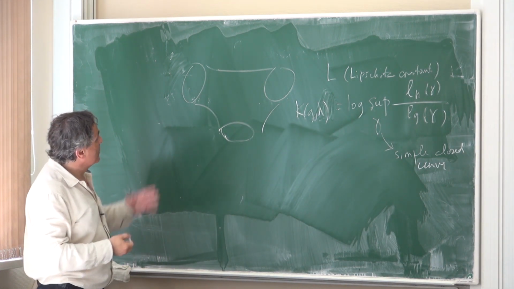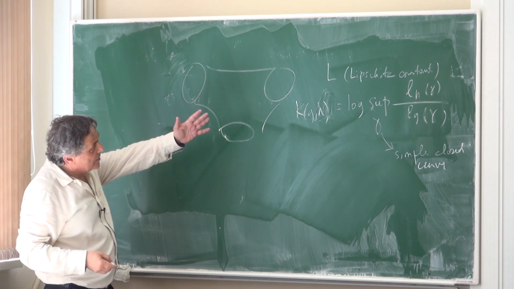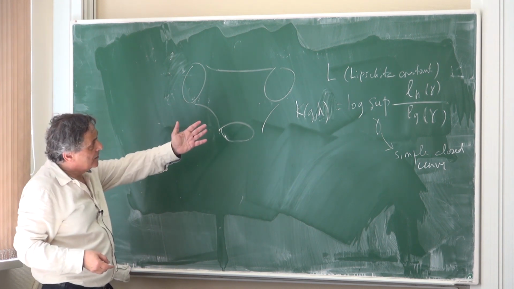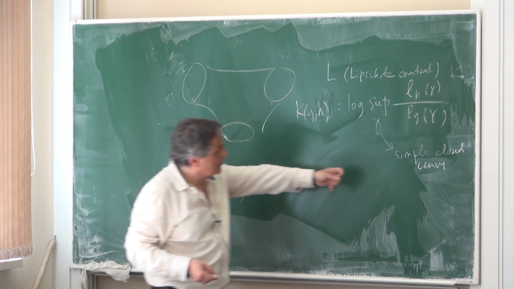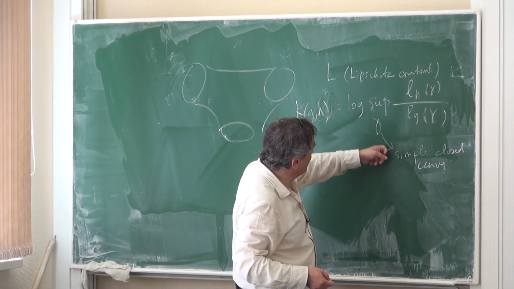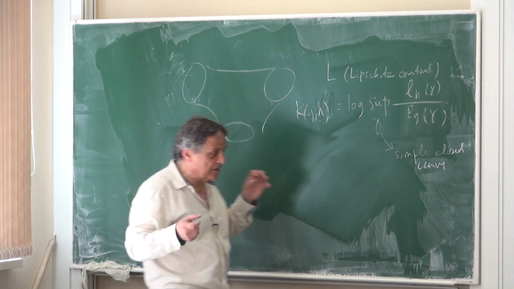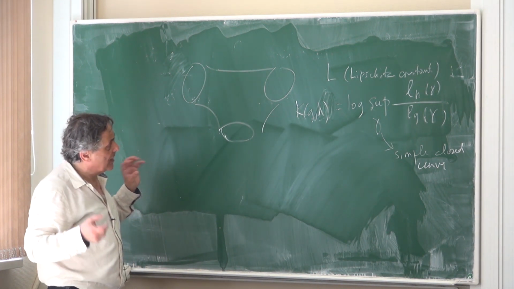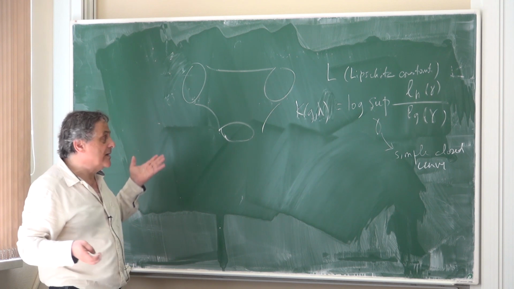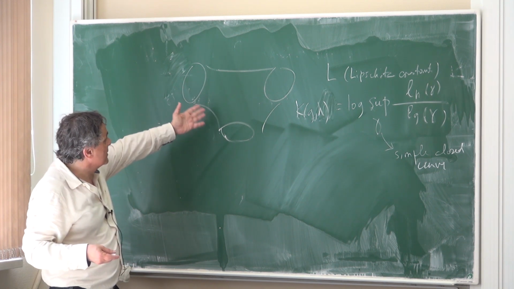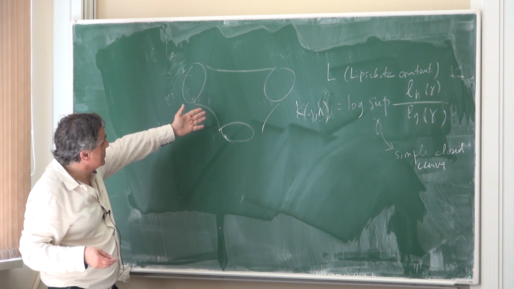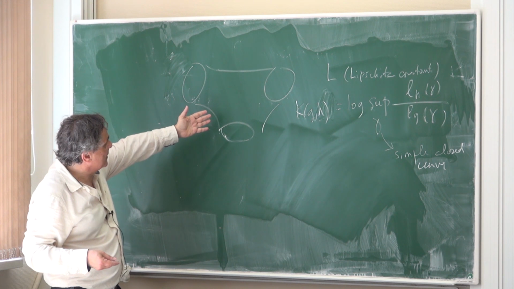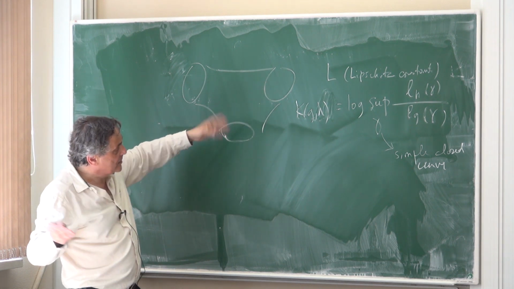Now, the question is whether to take gamma as simple closed curves including or not including the boundary curves. If I don't include the boundary curves, then there is no simple closed geodesic on this pair of pants, so the theory does not give me anything.